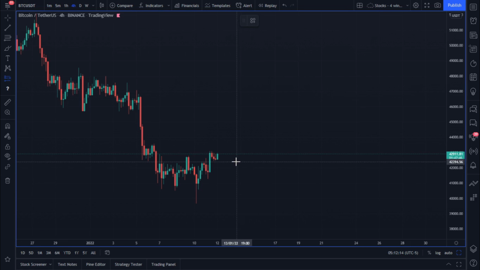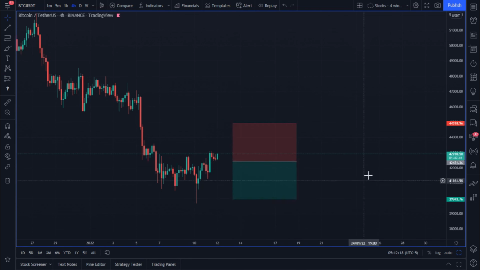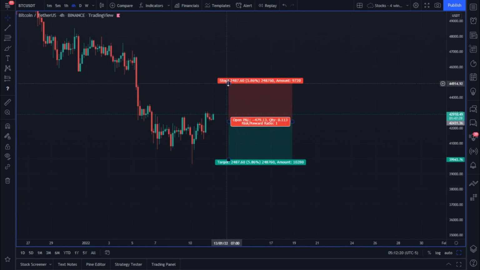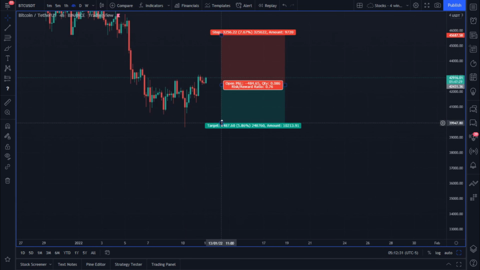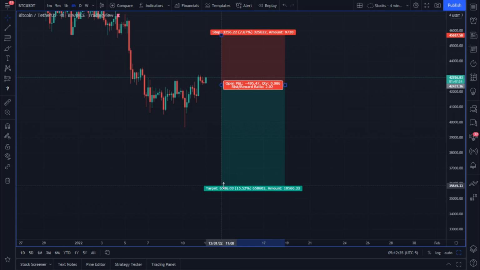And it's saying if you close below this level, and for some reason that level there, your technical analysis is saying the price will not go above that, then that's your stop loss. Again, let's go for 1 to 2. So let's see how close we can get this one at 2 this time. Oh, there we go.